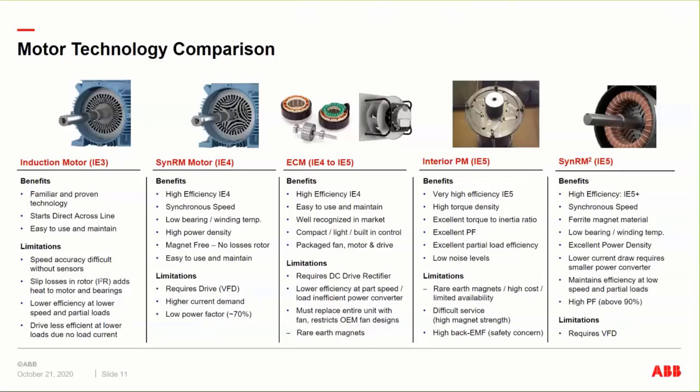So that's really not a detriment, but just to make you aware of that. So again, we already talked about the Center RM motor and the limitations there. Electrically commutated motors that you see there are typically always supplied as a package. So they have the motor, they have the drive built right into it, and then the entire fan assembly.